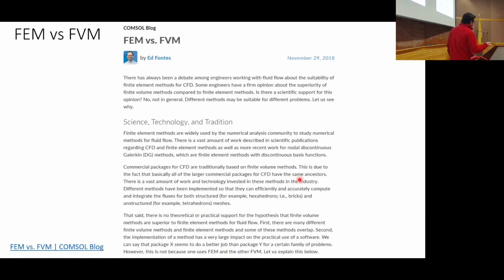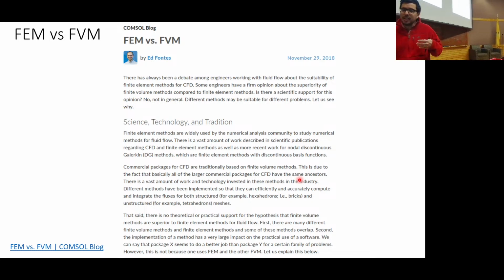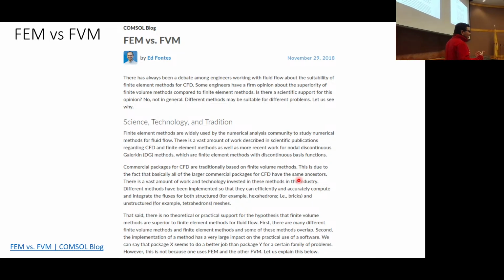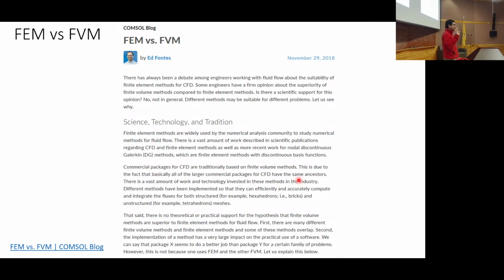So there is some friendly competition, I guess you could say, between this method and the finite element method. Some parties will say, all I need is finite elements. Like all you need is love, all you need is finite element.